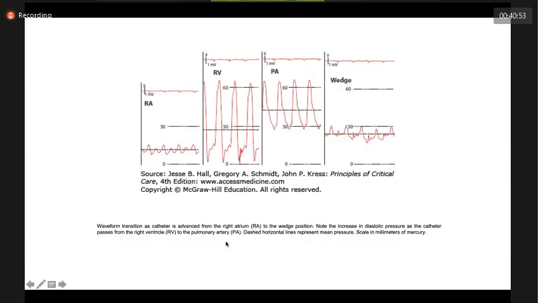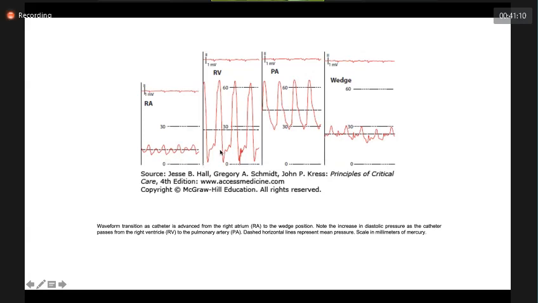If you look, these are the pressure waveforms recorded using the fluid-filled catheter system in the right atrium, right ventricle, pulmonary artery and wedge.